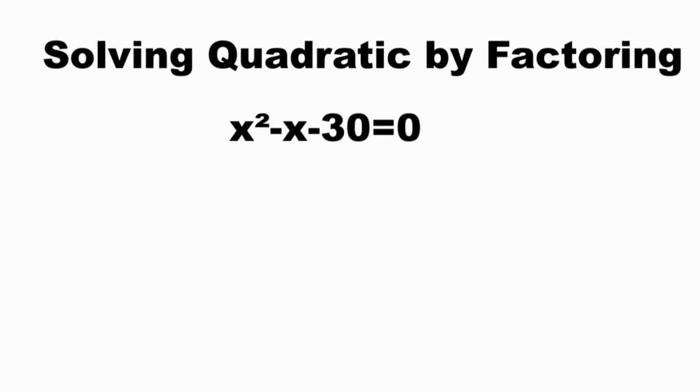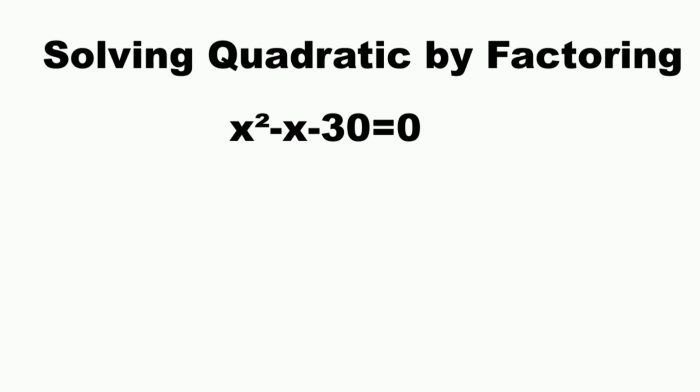Another example is x squared minus x minus 30 equals 0. So you can look for the factors. Here we have a negative last term, so it must be a negative and a positive.